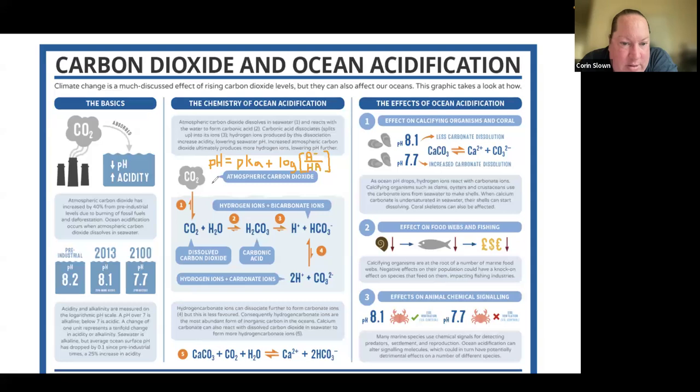So if I plug in the value, let's say it's 8.2. The pKa value for this change is 6.3. So that's what we're going to put here. And now we're going to solve for the ratio of A minus over HA, which I'm just going to represent as X.